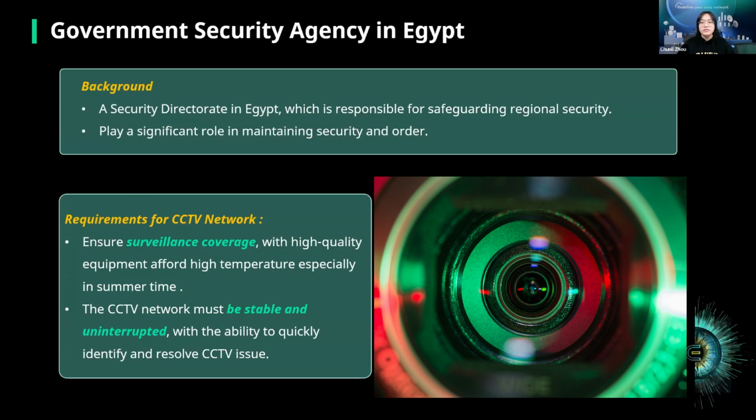They need to ensure surveillance coverage with high quality equipment that can withstand high temperatures, especially in summertime. And the CCTV network must be stable and uninterrupted, with the ability to quickly identify and resolve CCTV issues. So these two are their requirements for the CCTV network.